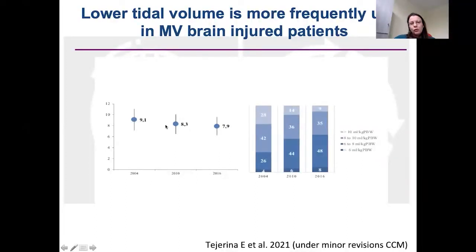As you can see, over the years, there is a reduction of the tidal volume used in brain-injured patients. In 2004, there was a large number, 30% of patients, who received more than 10 milliliters per kilogram of predicted body weight, and these are much lower now, and protective ventilation is definitely gaining more interest.